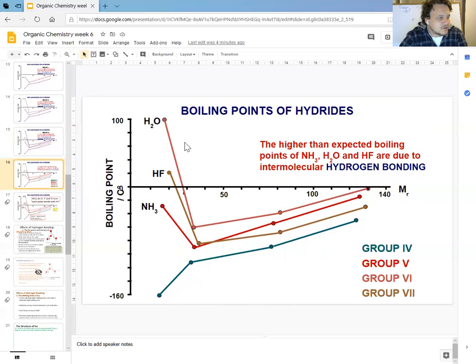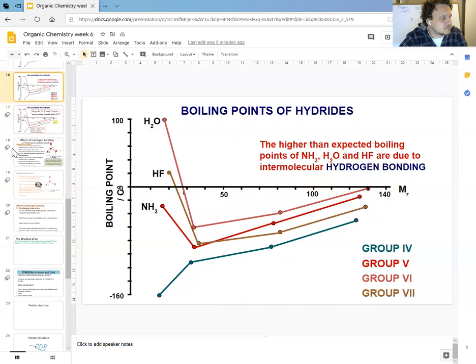So all of them buck the trend for the rest. Oxygen, H2O, hydrogen fluoride, and NH3 don't make sense unless there's an additional intermolecular force, and obviously we know that is hydrogen bonding.